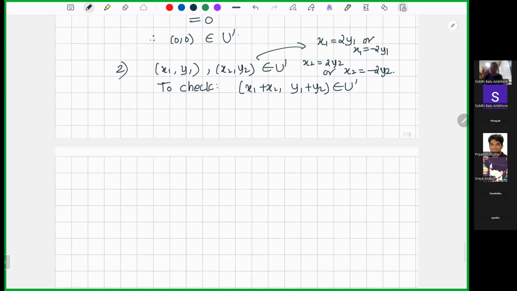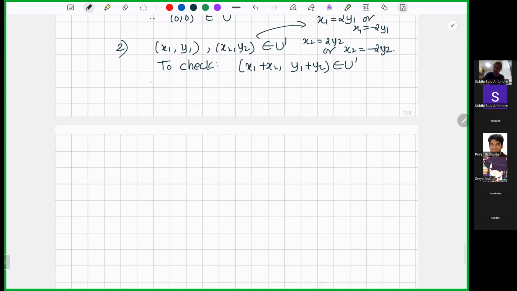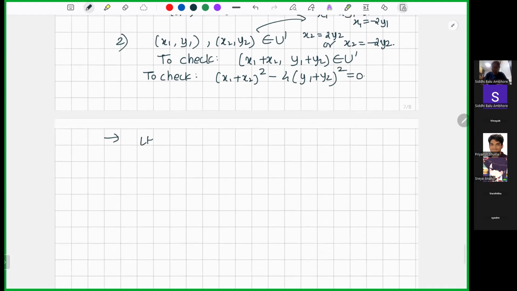And what I need to check is, if I try to simplify this, whether x1 plus x2 square minus 4 times y1 plus y2 square is 0 or not. So this will not be as easy as it was in the case of U. So let us start and check.